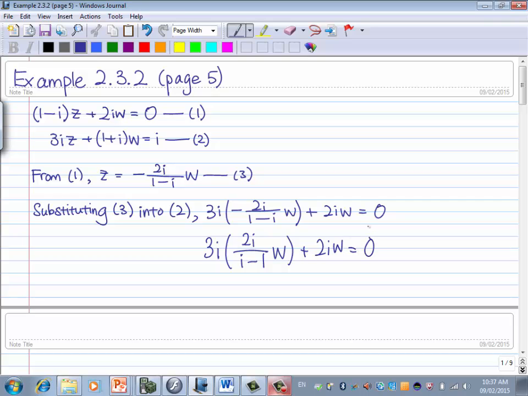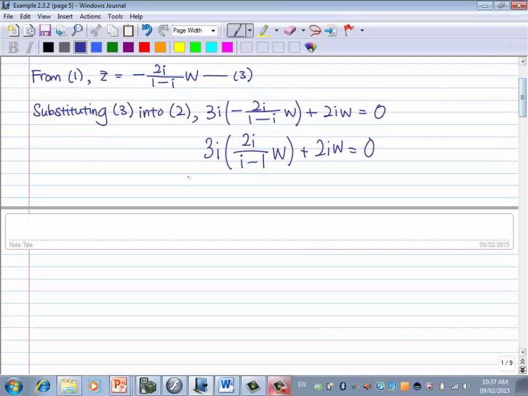Now, from here, of course, if you want, you can multiply negative 1 minus I over negative 1 minus I here. But I'm not going to do that because it's a bit complicated.